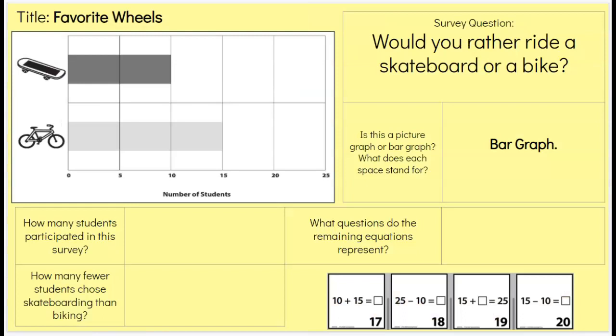Now we already have our title, favorite wheels, our survey question, would you rather ride a skateboard or a bike? And we know that this is a bar graph. Now, when we're looking at our bar graph, what does each space stand for? This is where our numbers at the bottom become really important. What does each space stand for?